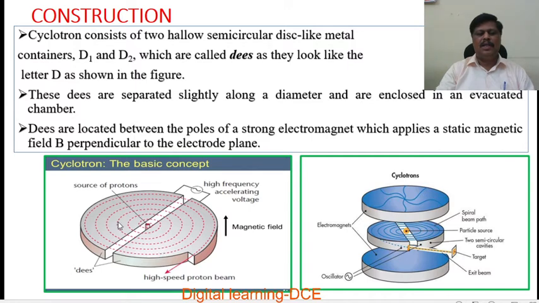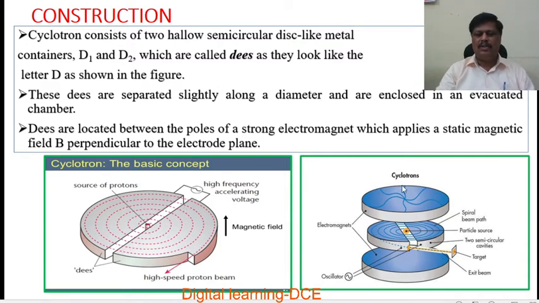This is called D1 and this one is D2. These Ds are separated slightly along a diameter and are enclosed in an evacuated chamber.